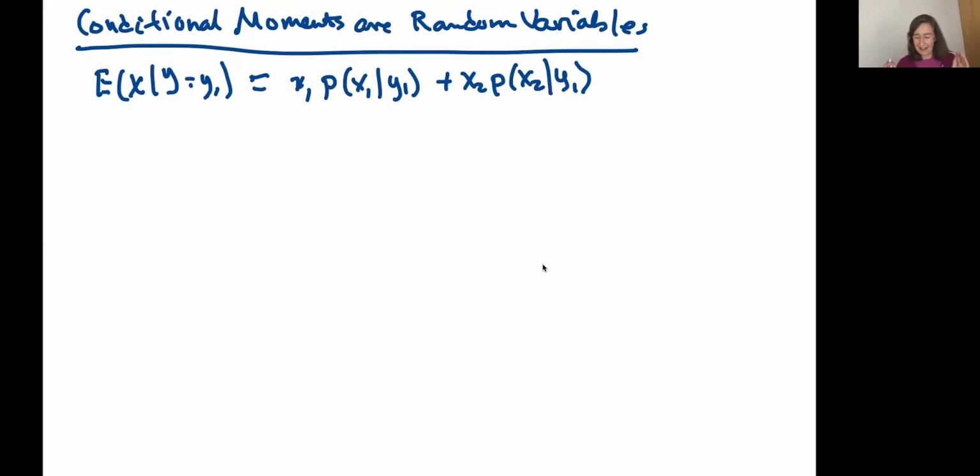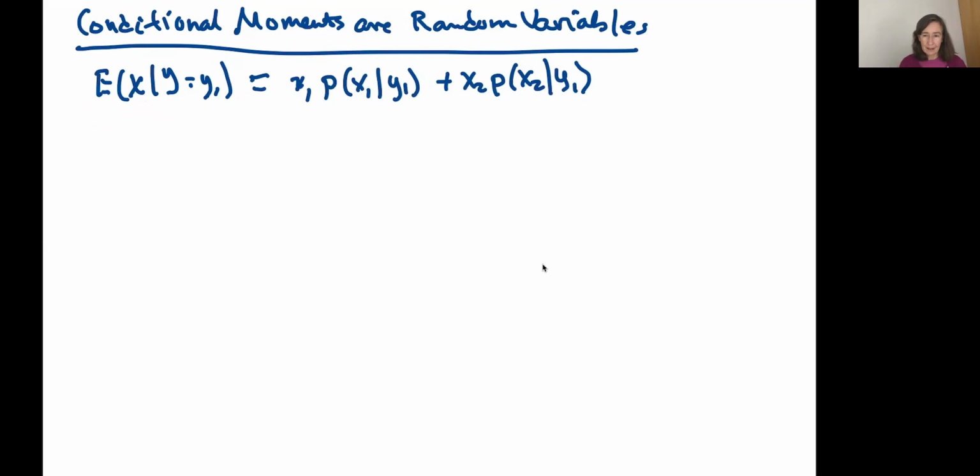Here's the slightly different angle. When we calculate this expected value, it's a number, right? Capital X is a random variable, but once we take its expected value, it's a number. It's been kind of a refrain of mine over the past few lessons.